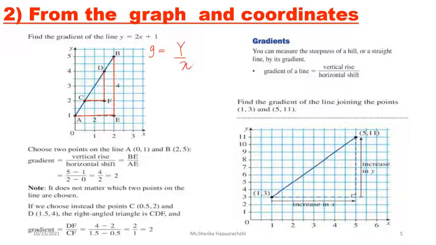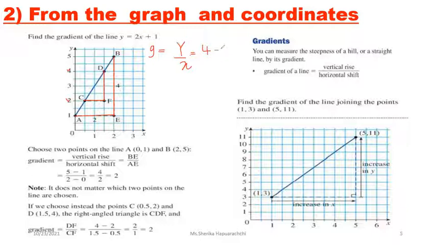So according to the small triangle, I can see the gap. Now I have the starting point 2 and my finishing point is 4 according to the y. Here it's 4 and here it's 2. That means the value should be 4 minus 2.